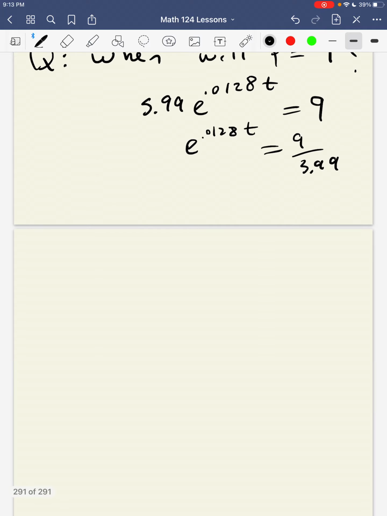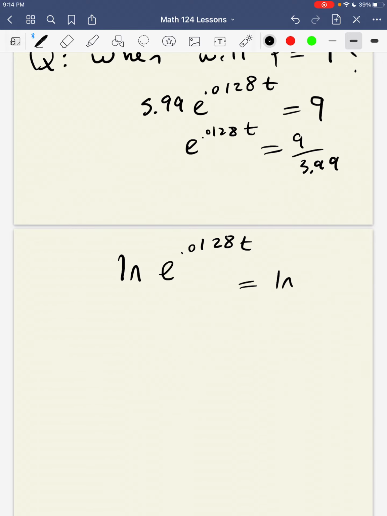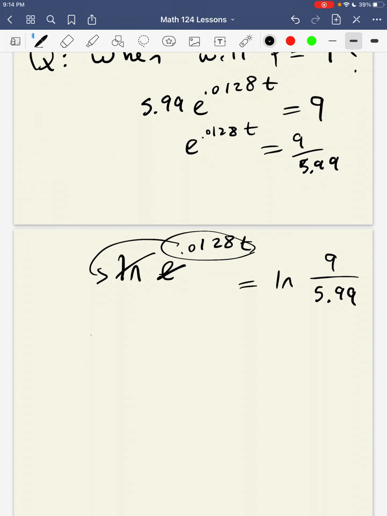Okay, and now we have to take the logarithm of both sides. So if we take the logarithm of both sides, the logarithm and the e cancel out. We could bring the exponent down. So we get 0.0128t equals log of 9 over 5.99.